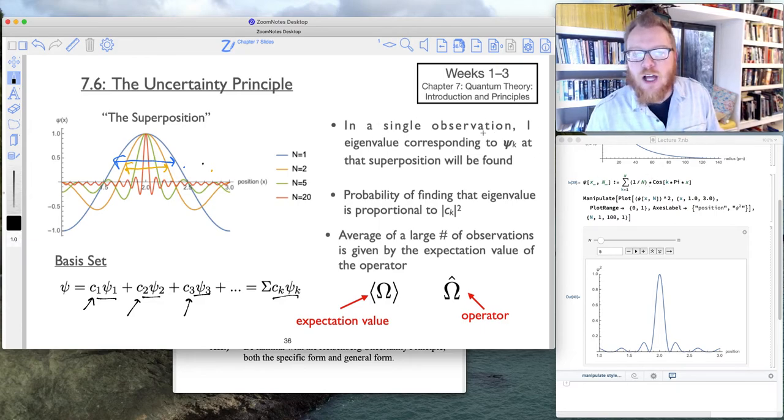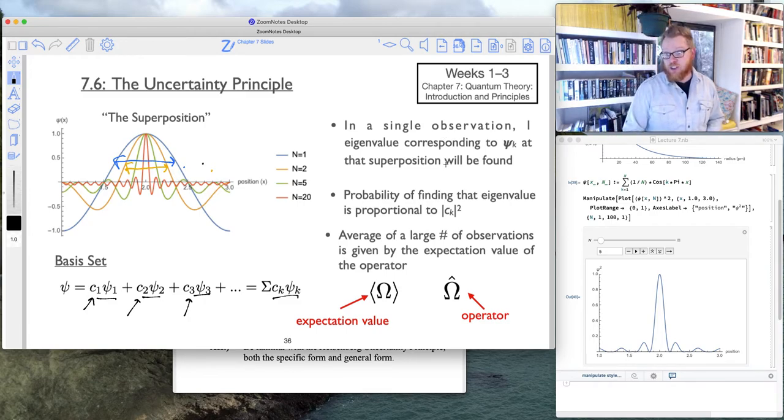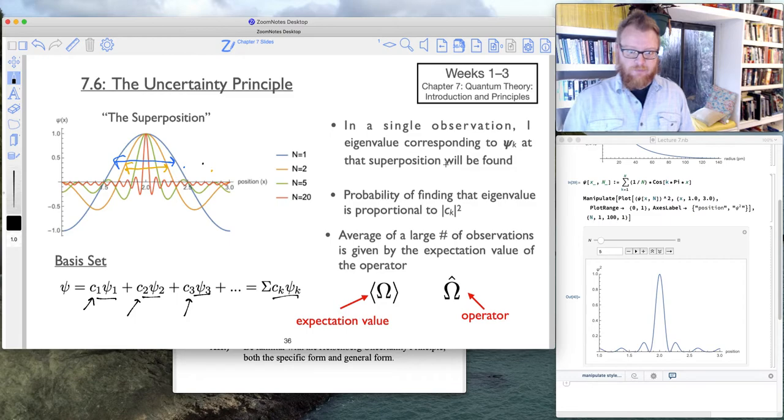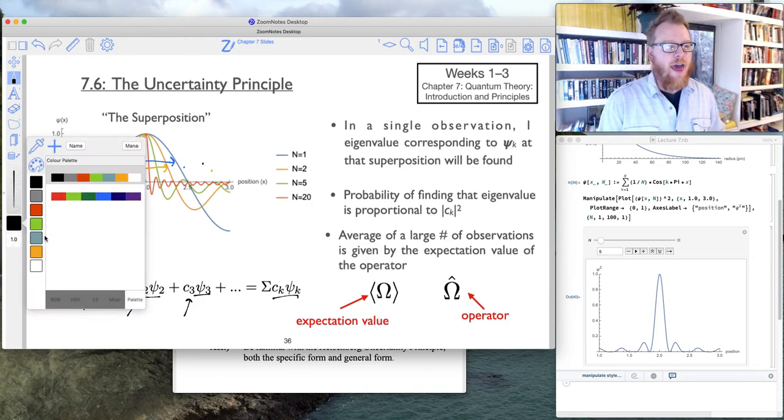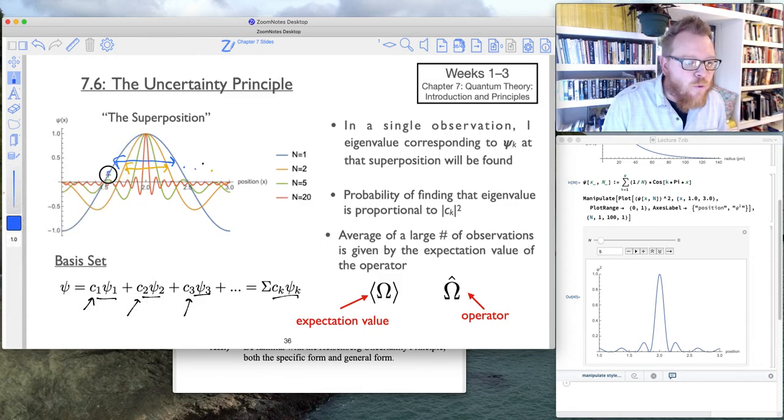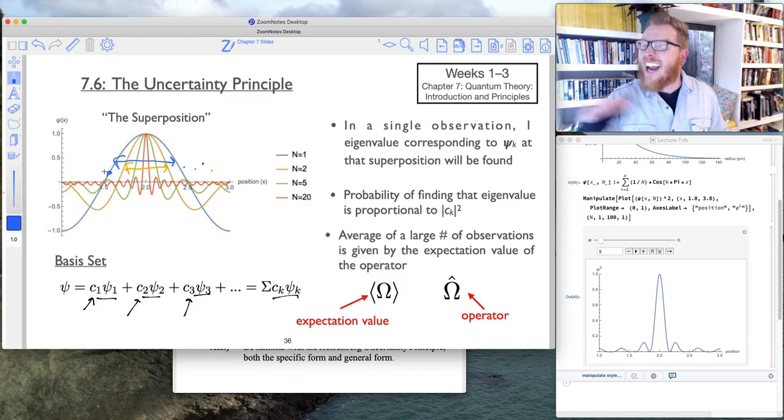So now, in one single observation, one eigenvalue corresponding to psi k at that superposition will be found. Okay? And what that means is, in the case of n equals 1, one single observation might mean I find the particle right here. Then I do another observation. Perhaps I find the particle right there. And I continue to keep making observations.